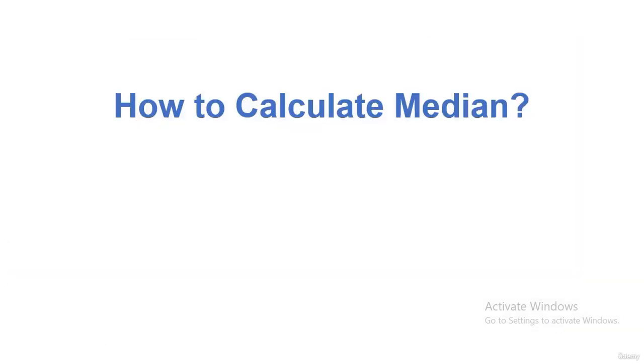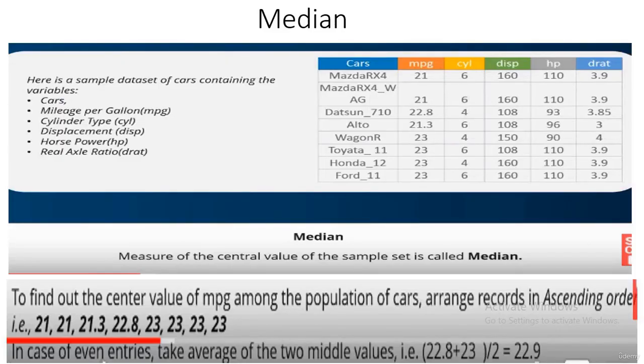So how do we calculate the median? The median is the measure of the central value of the sample set. Let's take the example of miles per gallon. To find the center value of miles per gallon among the population of cars, arrange the records in ascending order and take the central value.